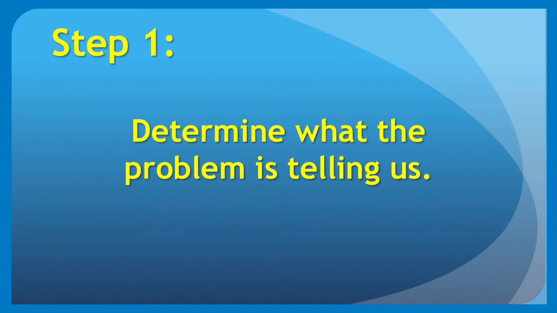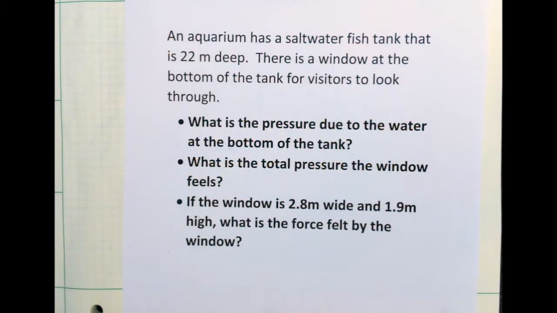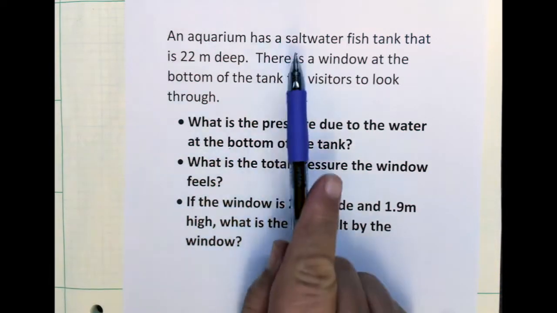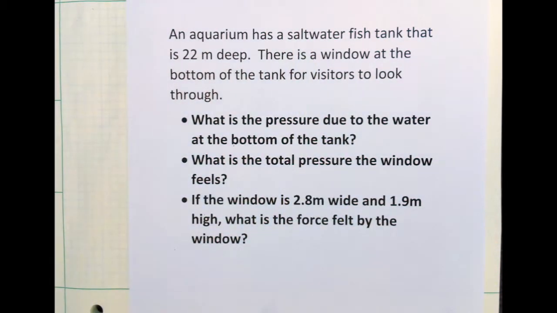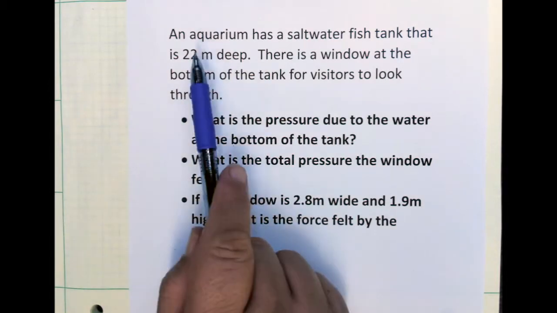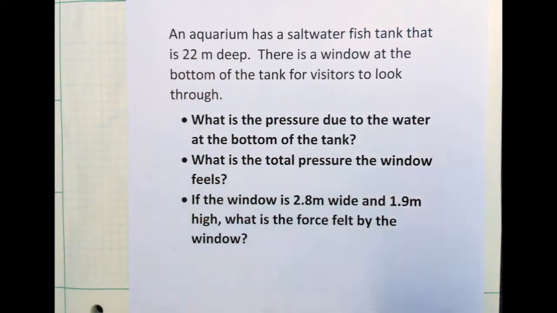All right, so as always, we begin the problem by thinking about what the problem is telling us. There are two pieces of information here in the problem statement. First, we are told that the aquarium is full of salt water. And we're told that the tank is 22 meters deep.